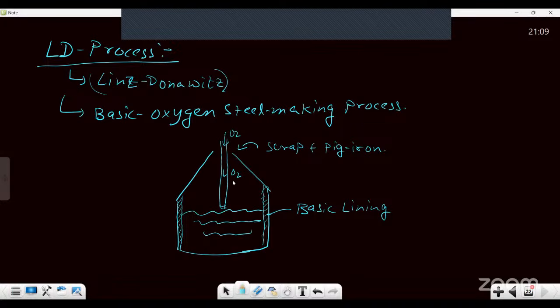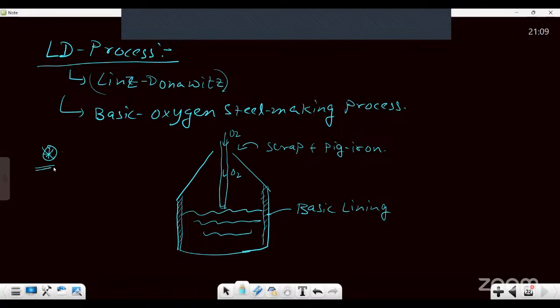So oxygen rapidly oxidizes the impurities, like silicon, manganese, carbon, and phosphorus. And these oxidation reactions release a huge amount of heat, which melts the scrap and maintains the temperature without any external heating source.